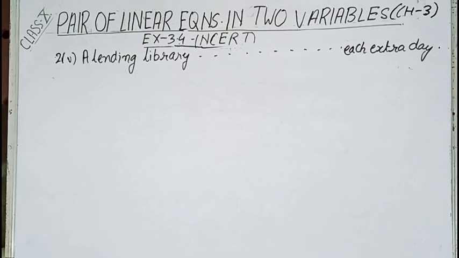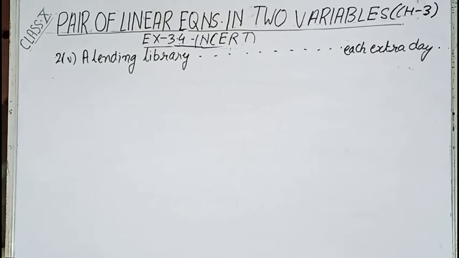Now let us do the last question of this exercise, that is question number 2, subpart number 5. The question is, a lending library has a fixed charge for the first 3 days and an additional charge for each day thereafter.